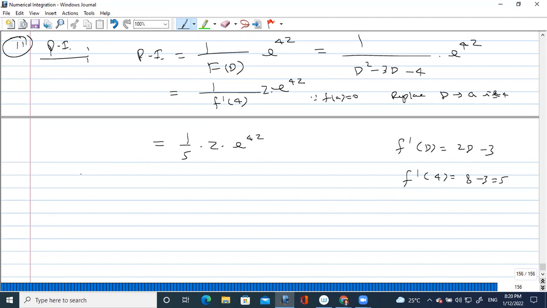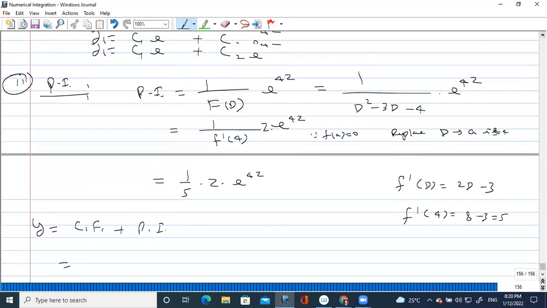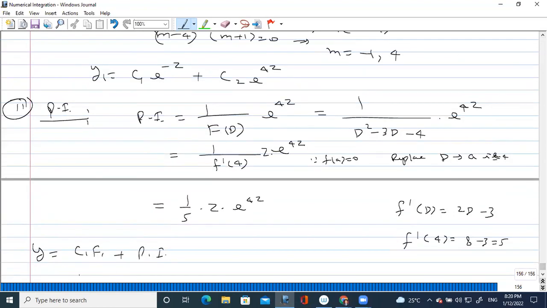Now the particular integral is with you, so y will be CF plus PI, and CF is what? C1 e to the power minus z plus C2 e to the power 4z, and plus 1 by 5 z into e to the power 4z. Now this is my final answer.